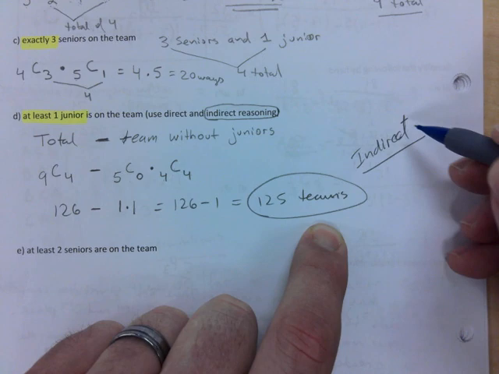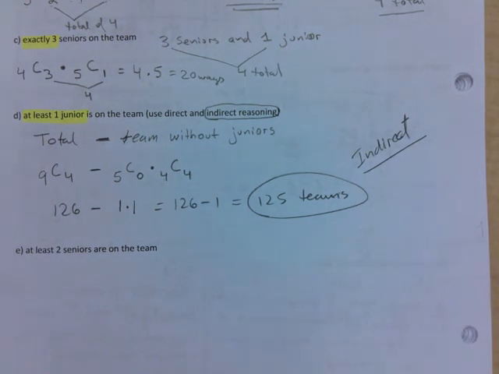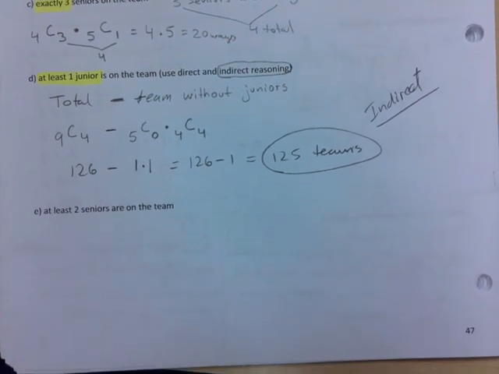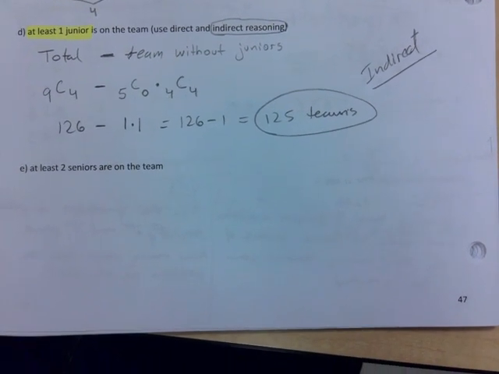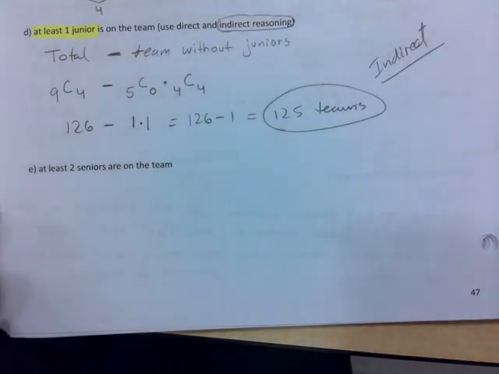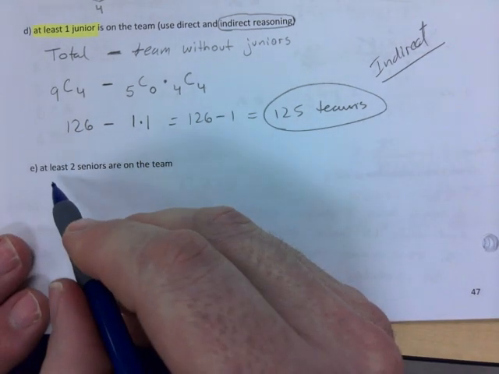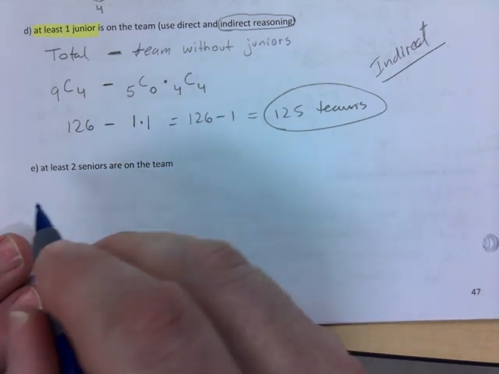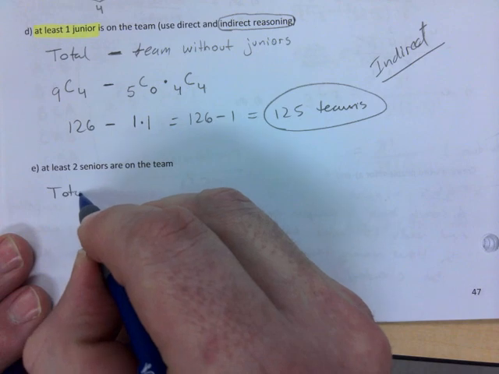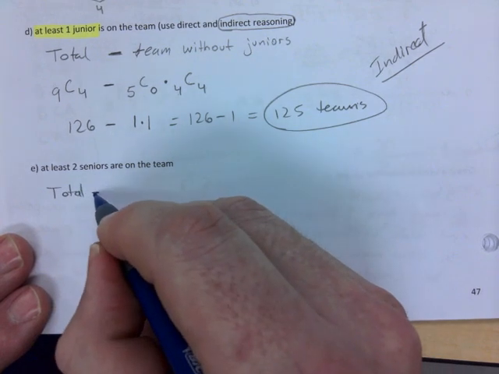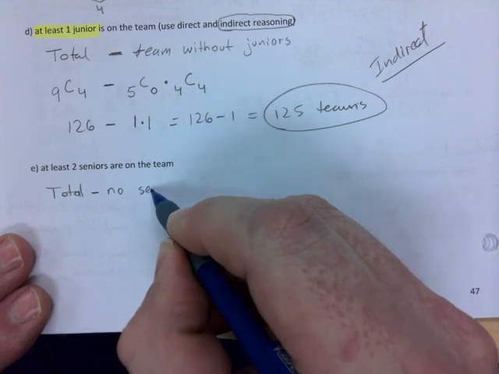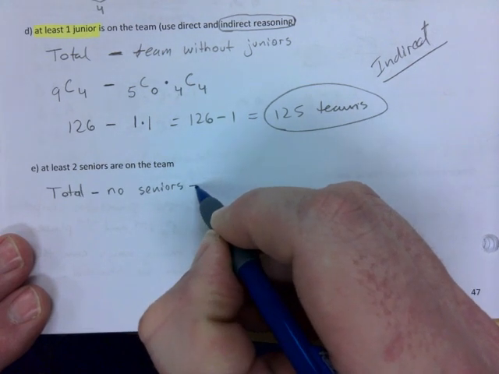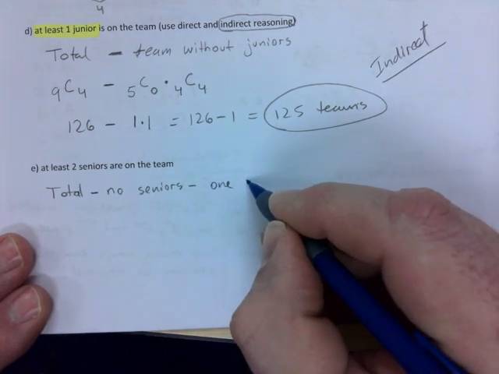Indirect reasoning. You want at least two seniors on the team. I wanted this because it comes up on one of the homework questions that I will assign down the road. So you would go total, if you wanted to use indirect, minus no seniors, minus one senior on the team.